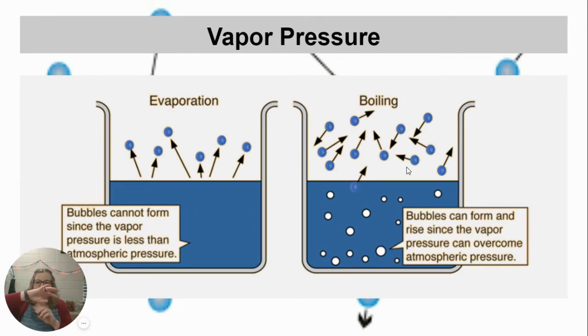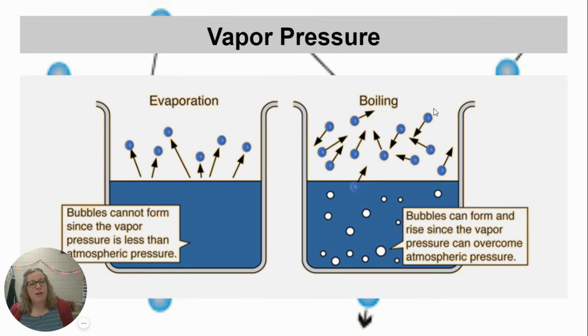So if the pressure of the escaped particles is high enough, then the water can start to boil, since the vapor pressure can overcome the atmospheric pressure. So when we talk about boiling points, the critical part is that the pressure at the surface needs to be equal to the vapor pressure.